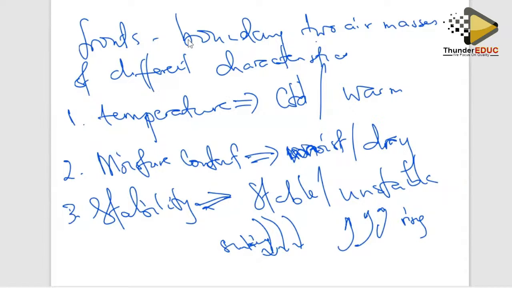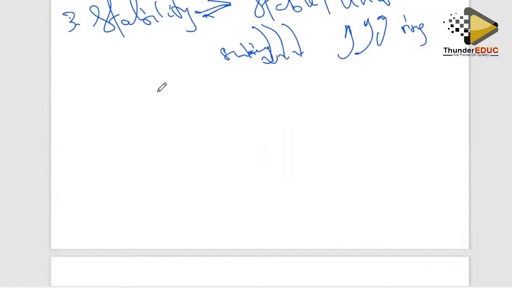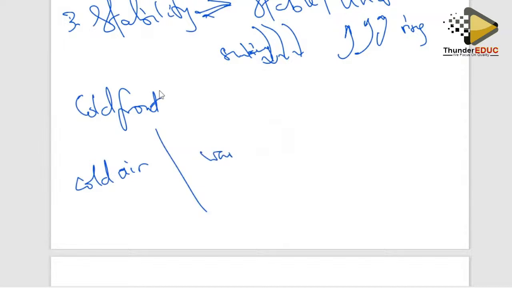Right. So basically, when we're talking of the fronts, we have what we call a cold front, a warm front, and then we can also talk of an occluded front. A cold front in geography is basically formed when cold air is advancing towards warm air. So there's a situation whereby we have cold air on one side, and then we have warm air on the other side.